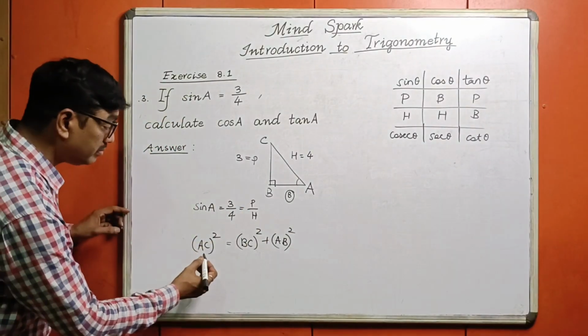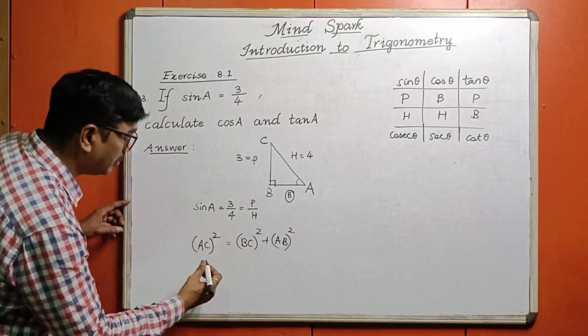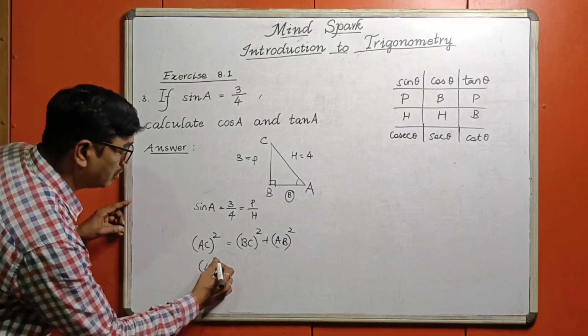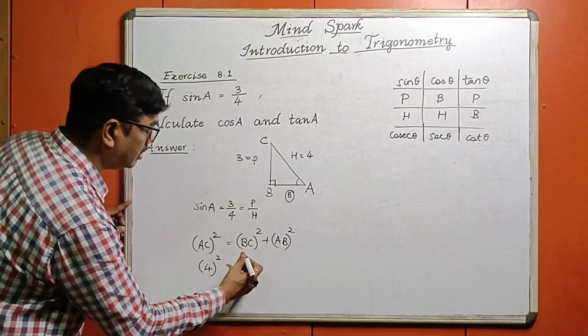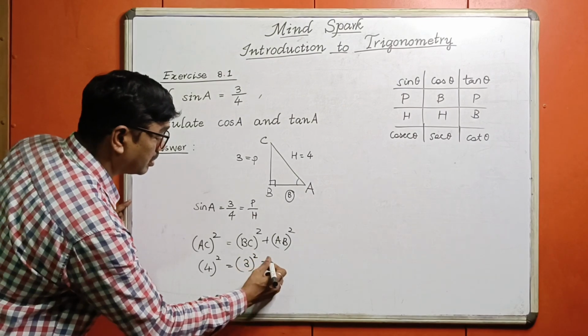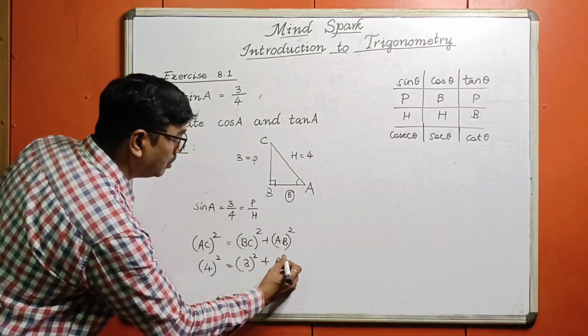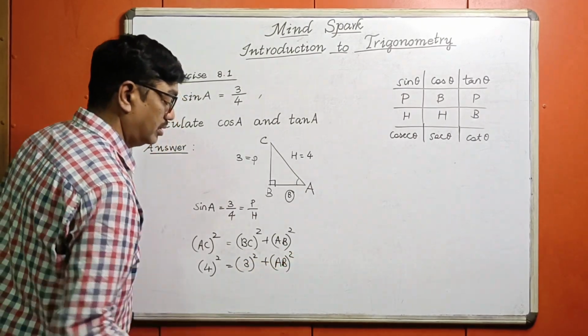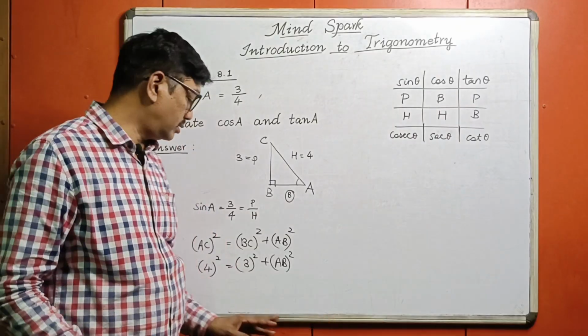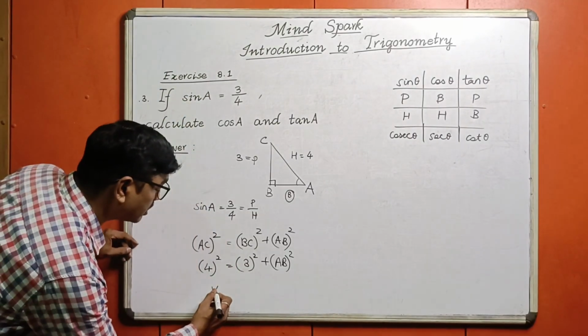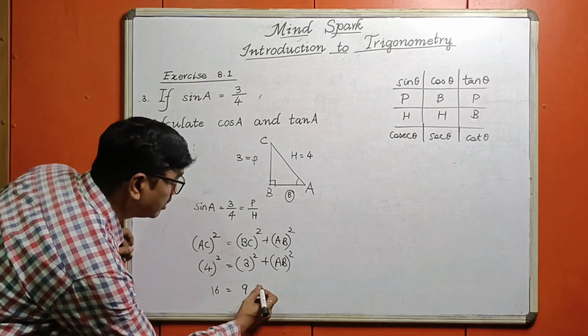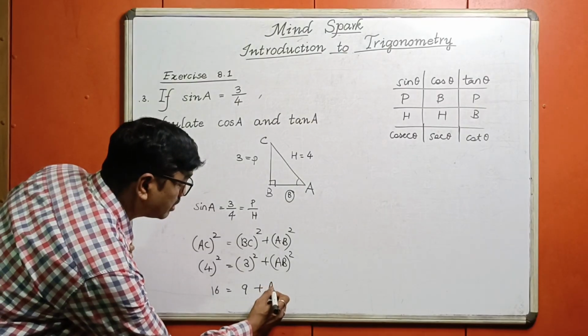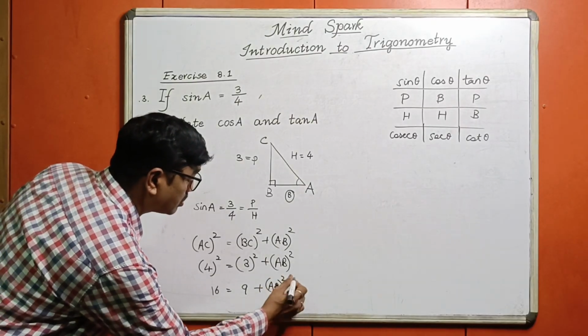And in place of AC, how much are you going to write? 4. 4 square is equal to, in place of BC, you are going to write 3 square, plus AB, you don't know, write as it is. What you don't know, you write as it is. Then 4 square is how much? 16 is equal to 9 plus AB square.